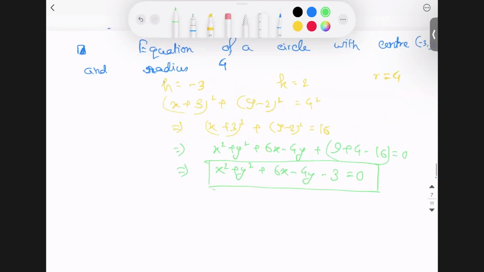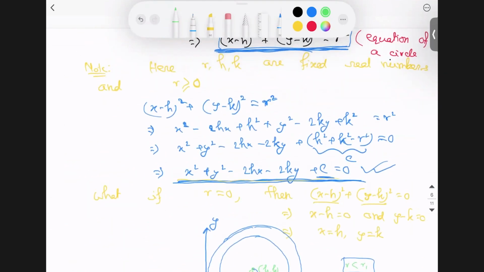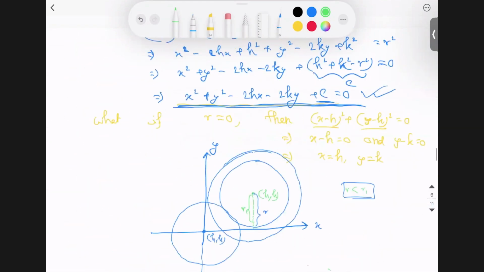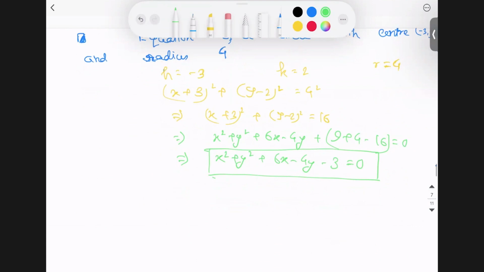So yes, you obtain the equation in this form. And here you can see that the constant we have replaced by c is h square plus k square minus r square. From here it is difficult to get the radius directly, but you can find it like this: here 2hx is 6x, so I can understand that h will be minus 3, and k is plus 2.